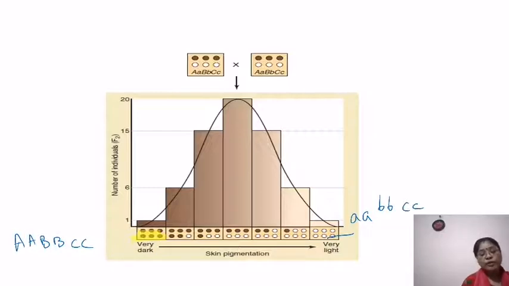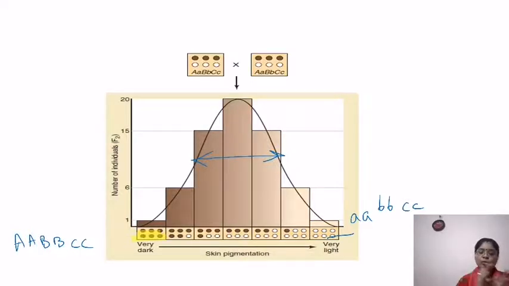Now within a population you can have different permutations and combinations of these alleles, and what do we find? That the majority of the population falls within this range. Very few will have these two extremes, having all the dominant genes or all the recessive genes.